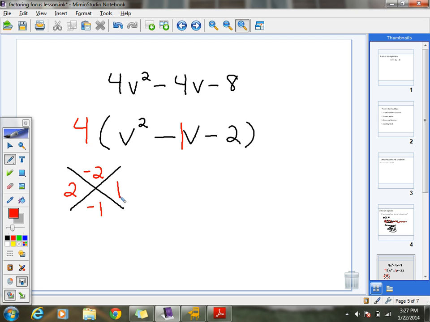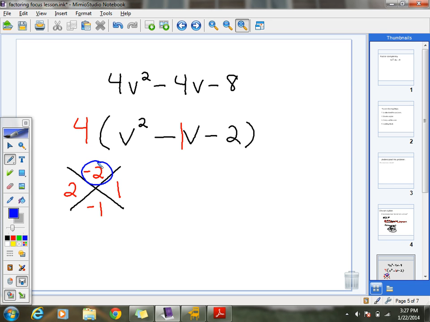But I need to figure out which one will give me a negative 2 and a negative 1. And I know that since this number is a negative, only one of my factors can be a negative. Because if I multiply a negative times a negative, then I'm going to end up with a positive.